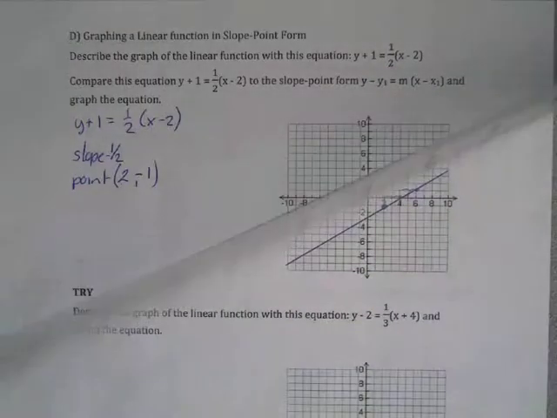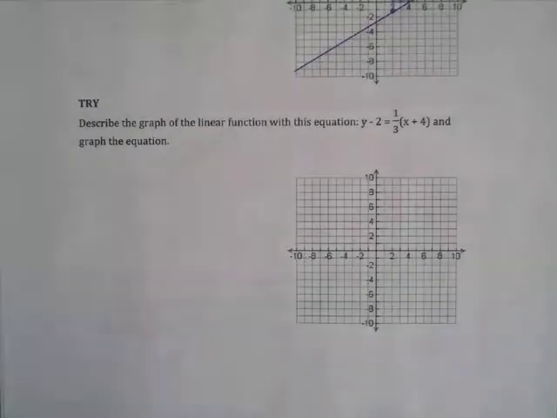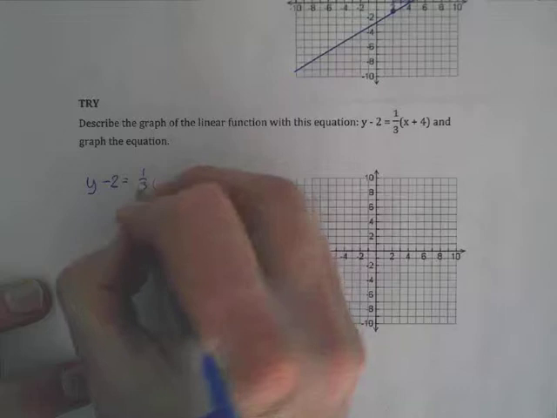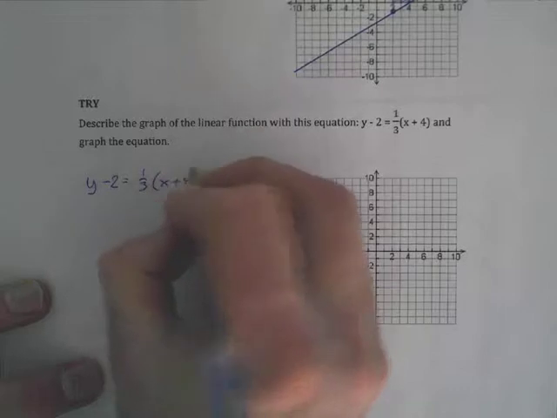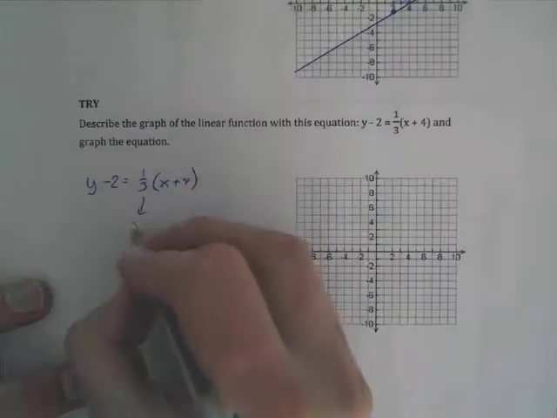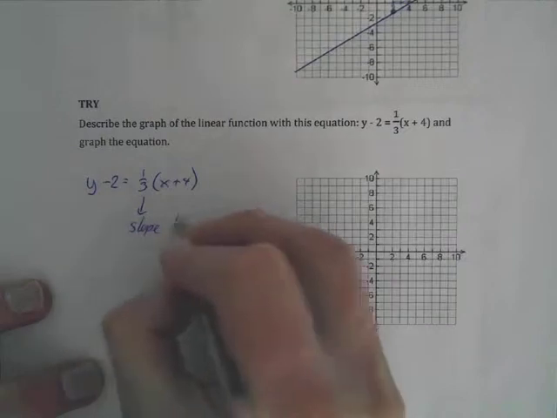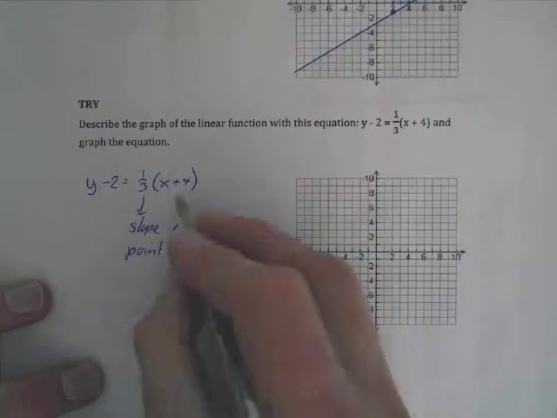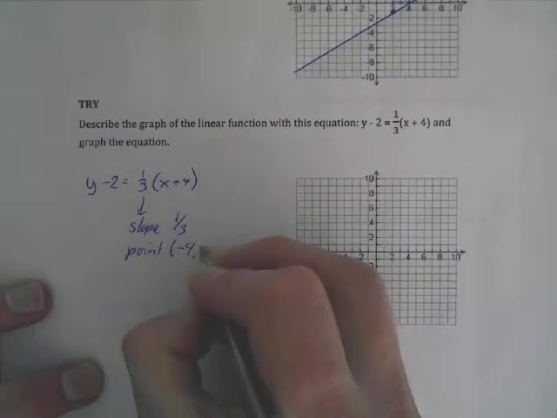And there it's done. So once again, I want you to stop the tape, try this equation where you're going to describe it for me, and then you're going to graph it. So description, once again, y minus 2 is equal to 1/3 times x plus 4. 1/3 is my slope, and it goes through a point of (-4, 2).